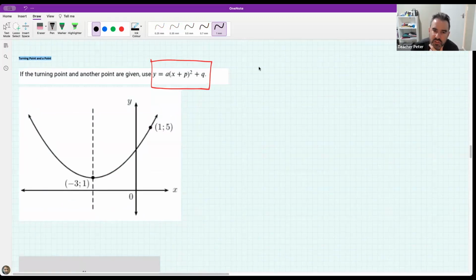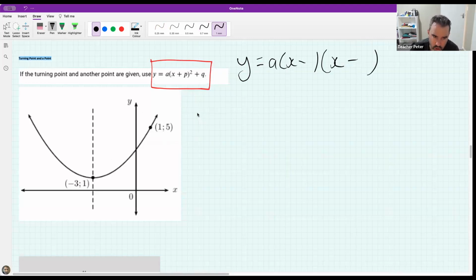So instead of using the root form, we're going to start with the turning point form. But we have to be careful when we're going backwards here. So we're going to first put information from here in here.